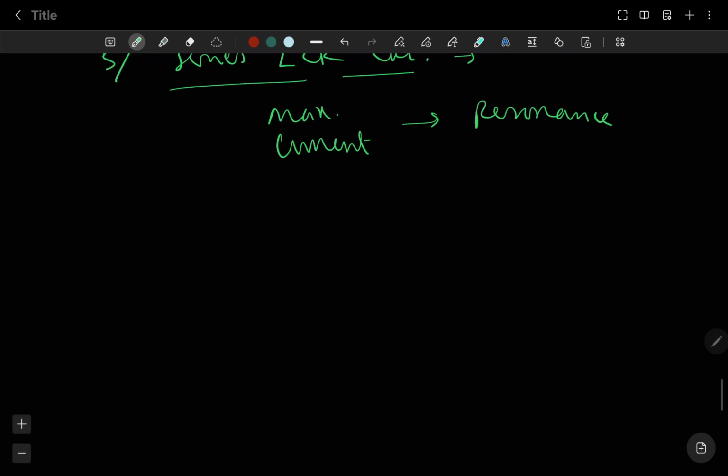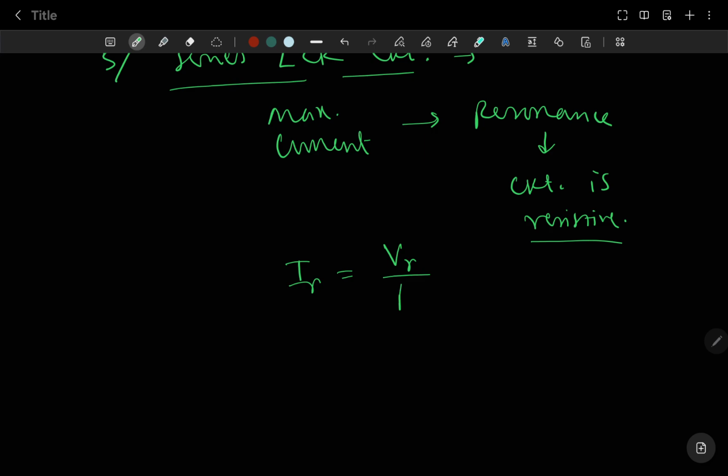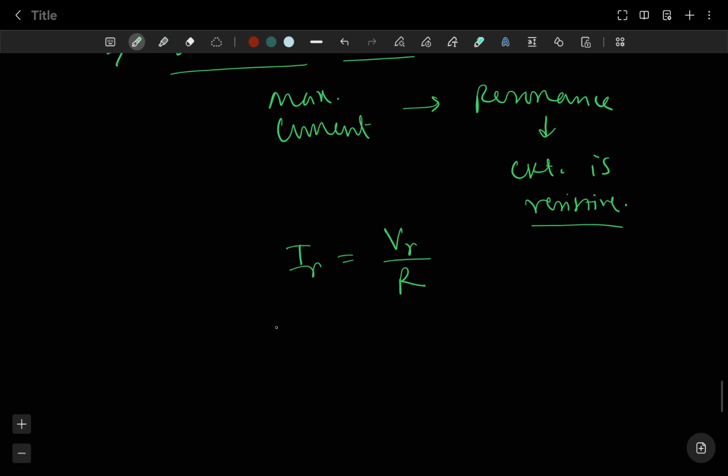And at resonance obviously the circuit is resistive. So the current actually becomes VR by R, resistance only, no reactance. So it is given that IR is 6 and VR is 24. So R is 4 ohm.